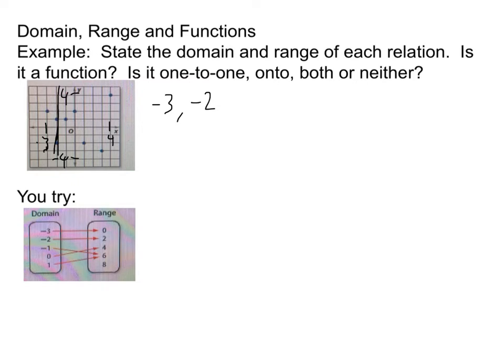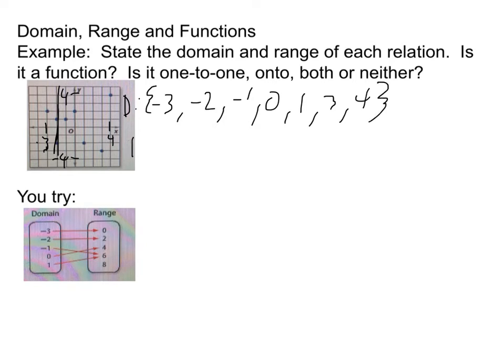But that only counts as one domain value. I have -1, I have 0, I have 1, I don't have a 2, I have a 3, and I have a 4. So I'd state my domain like that.